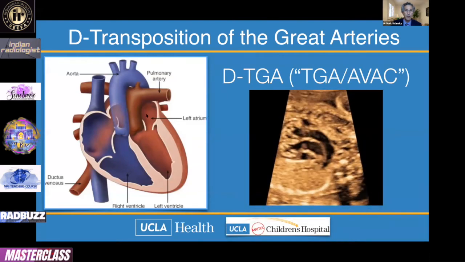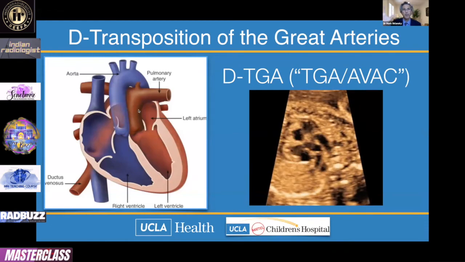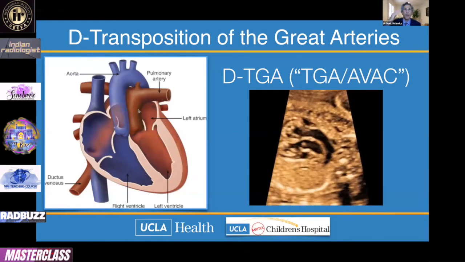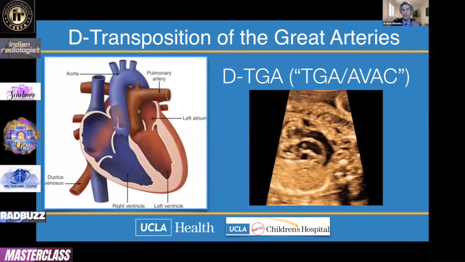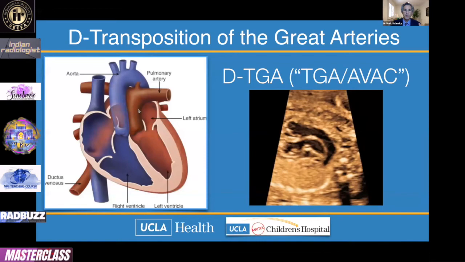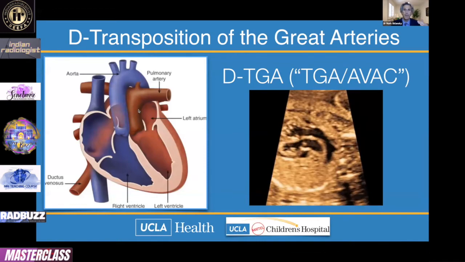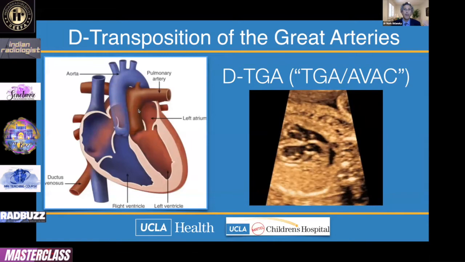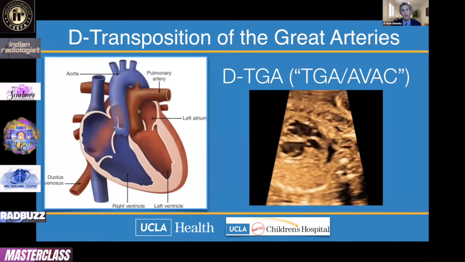is when you have transposition. The definition of transposition, period, is the aorta off the RV and the PA off the LV. That's all. Whenever you say transposition, that's what it means. But then there can be two types.